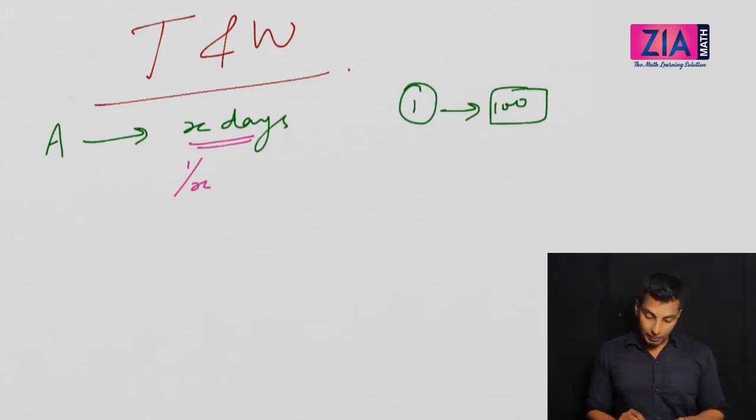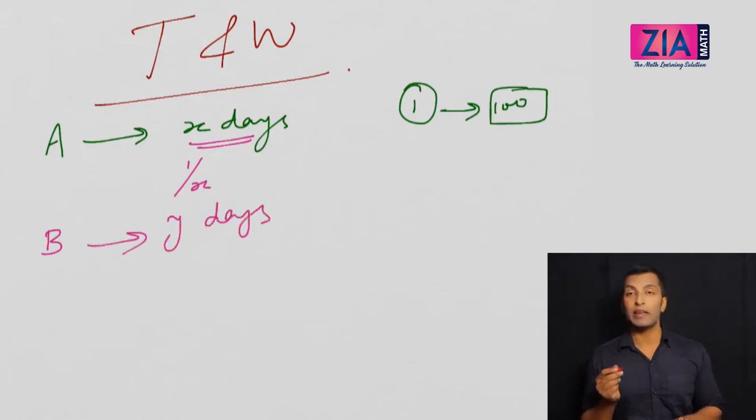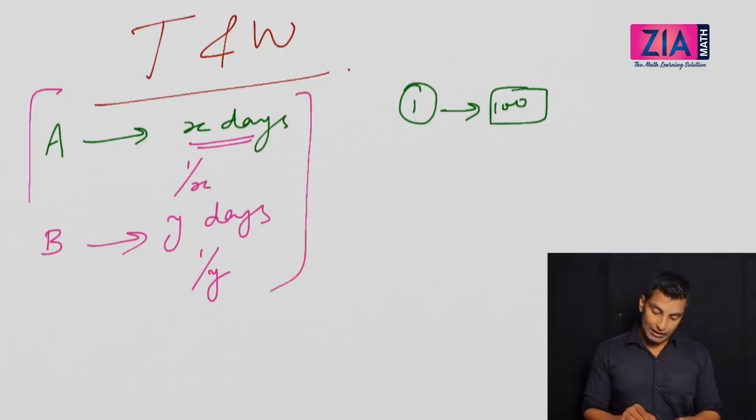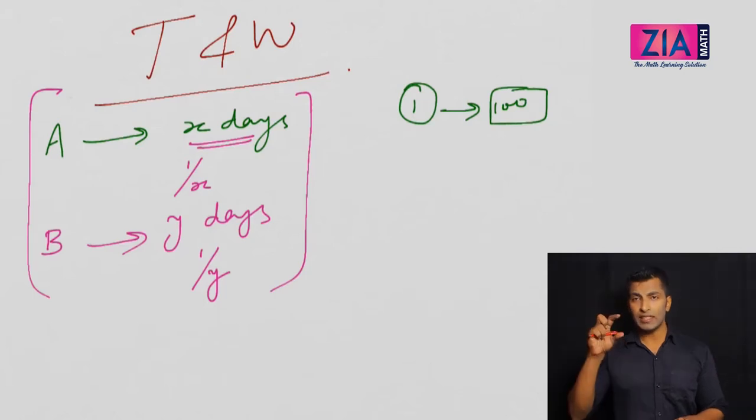Similarly, another person B can complete the work in Y days. In one day he can complete 1 by Y of the work. So this is the basic concept. Now, C can complete the work in Z days, means C can complete 1 by Z of the work in one day.